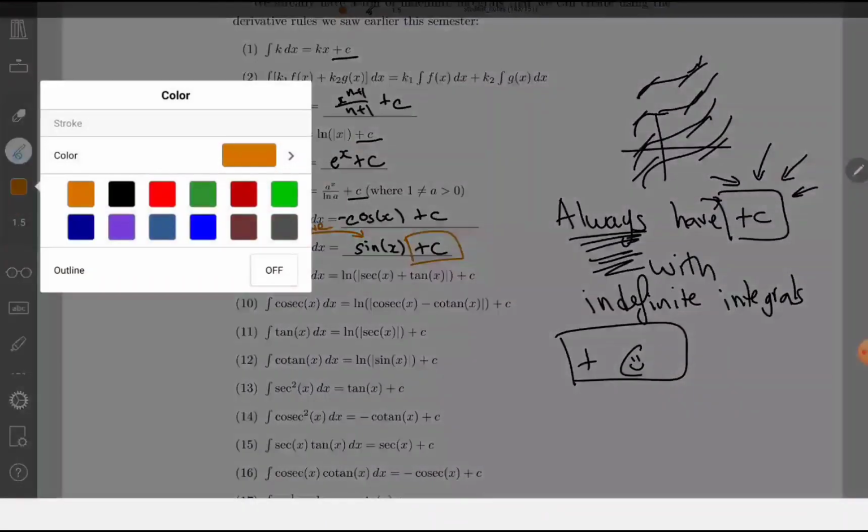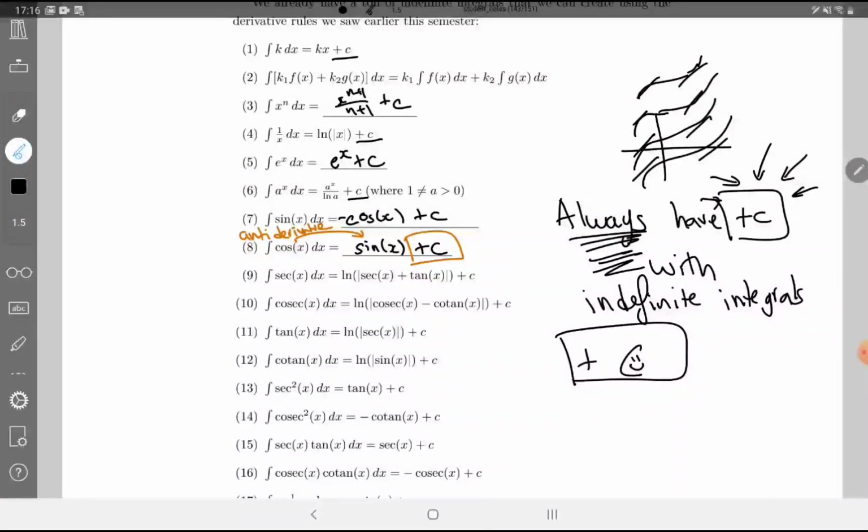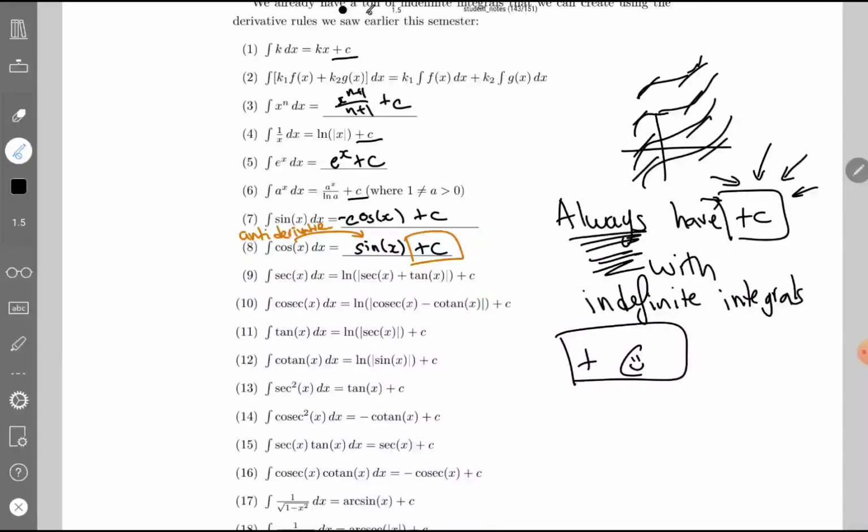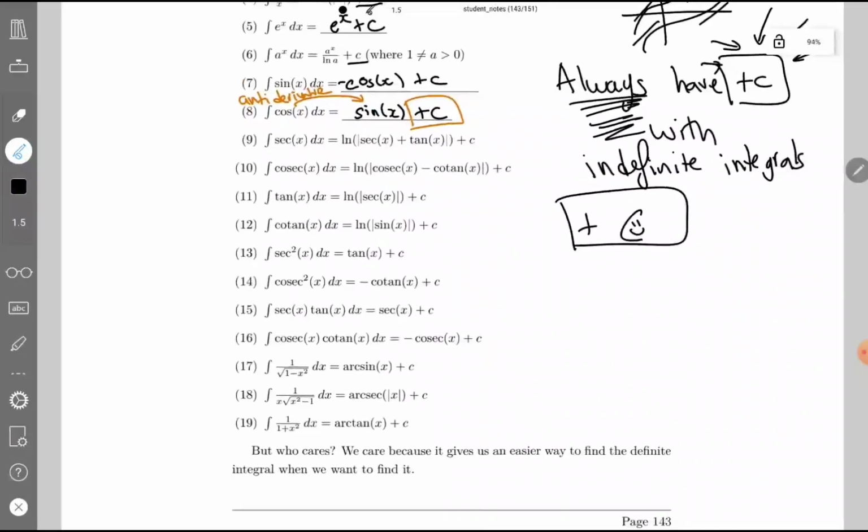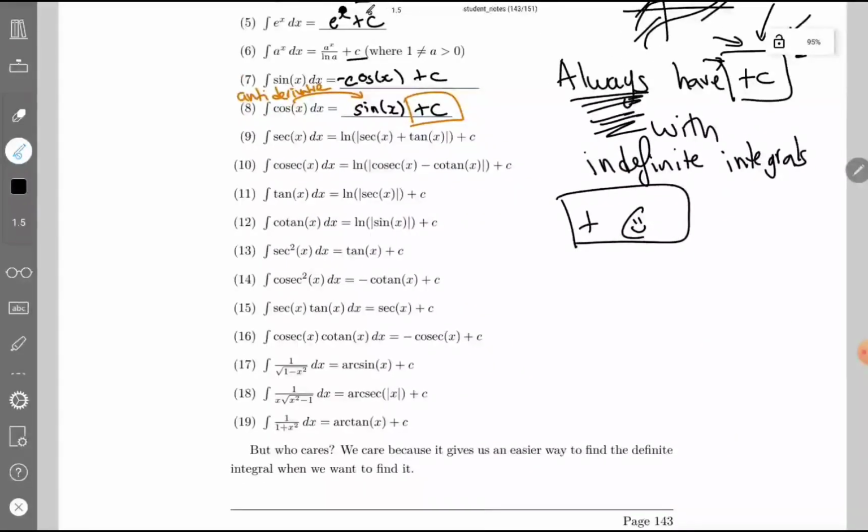Yes, I know I said the same thing 600 times, but that's because I promised there will be people who forget. That might be one of you who does forget. I know I forgot a few times when I did my exams. So remember these things. And then the other ones, they're all basically things we've seen before. So I'm not going to go over them too much, but just notice how every single one has plus c.